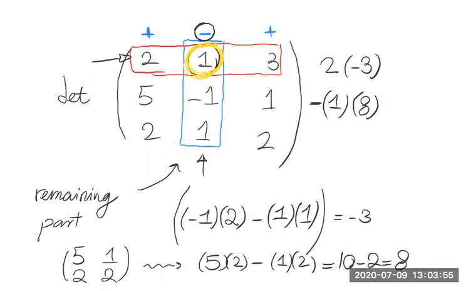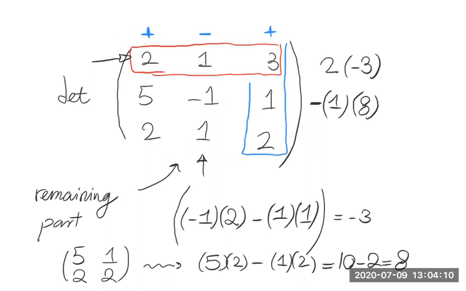Okay, let's erase these things. Now, in this row, we did the computations for the first element. We did the computations for the second element. Now we can do the computations for the third element. Look at the row which has the third element. If I remove this red column and this red row and this blue column, the remaining part is a 2 by 2 matrix.